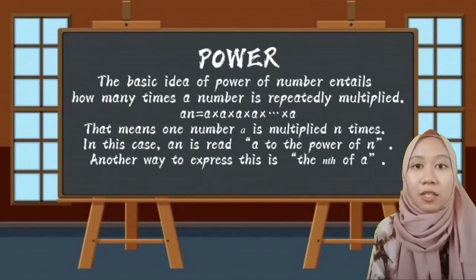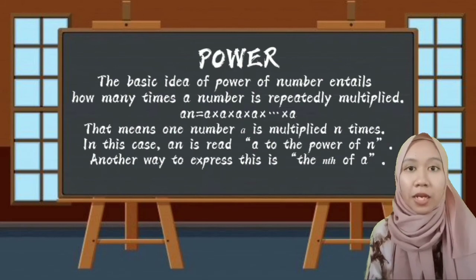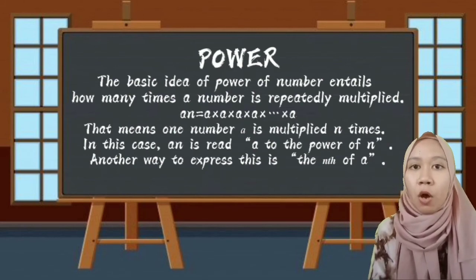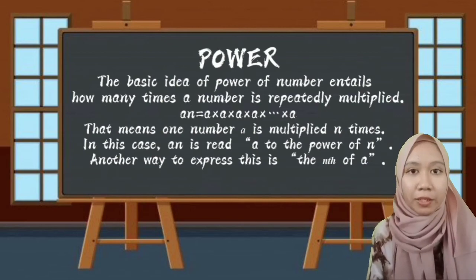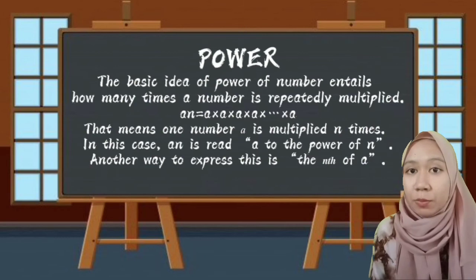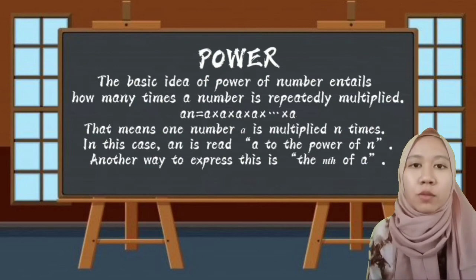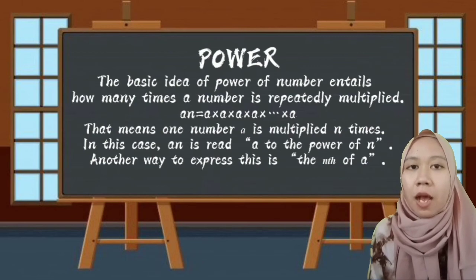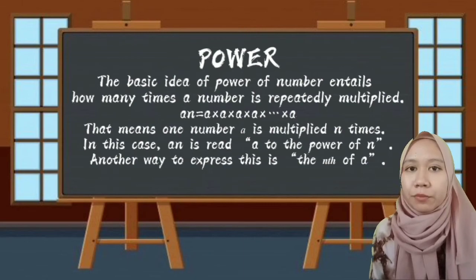And the last is power. The basic idea of the power of a number entails how many times a number is repeatedly multiplied. That means one number A is multiplied n times. In this case, A^n is read as A to the power of n.